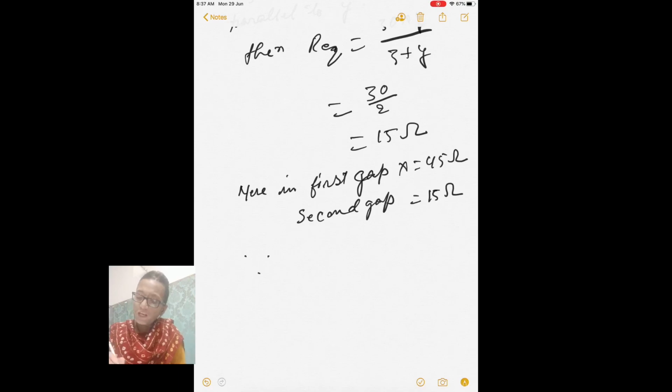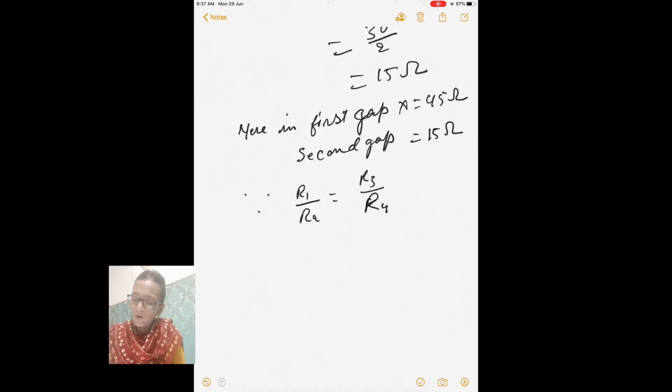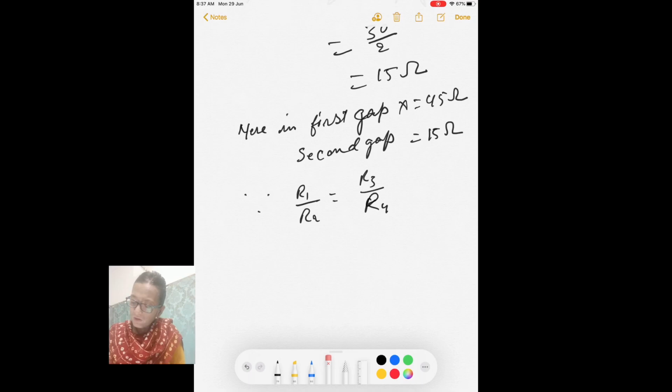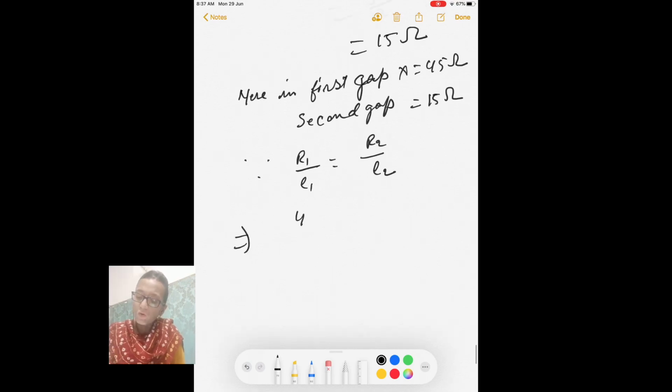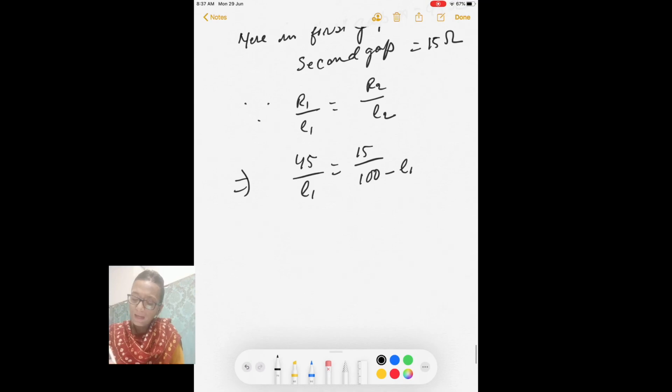Now the balanced point we have to find, since R1 upon R2 is equal to R3 upon R4, or better I should write R1 upon L1 is equal to R2 upon L2. It implies that 45 upon L1 is equal to 15 upon (100 minus L1), and this balanced point L1 we have to find.